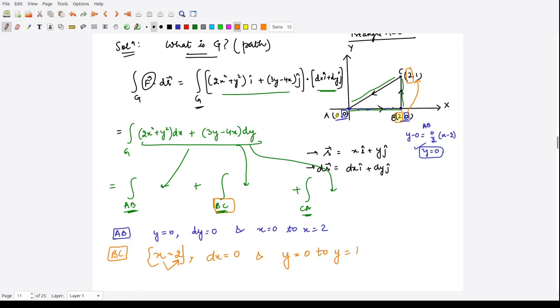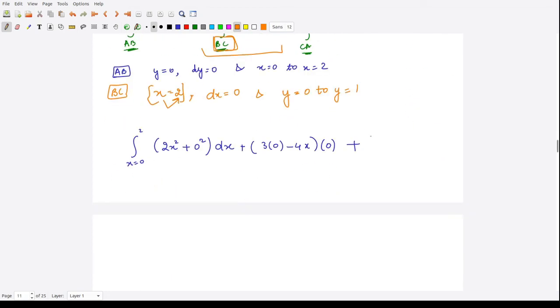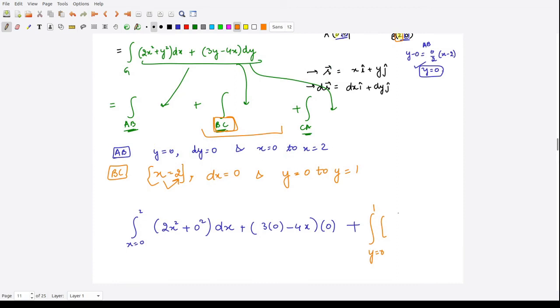So basically this whole integral reduces to the integration of the values of y from 0 to 1, then instead of x we will write 2, instead of y we will write y, instead of x we will write 0, plus instead of y we will write y, instead of x we will write 2, and instead of dy we will write dy.